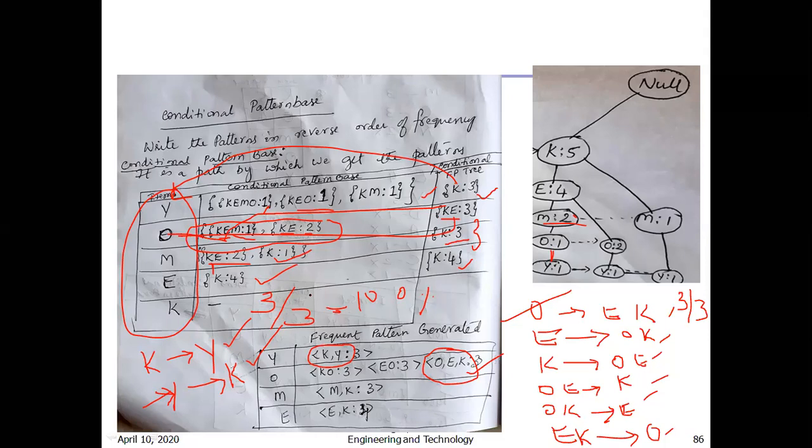From the conditional FP tree, we generate the frequent patterns. Once frequent patterns are generated, the next step is to generate the strong rules.